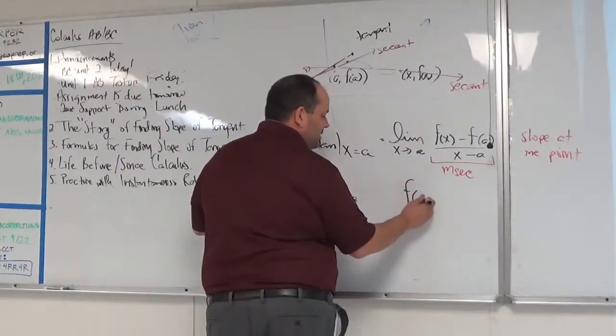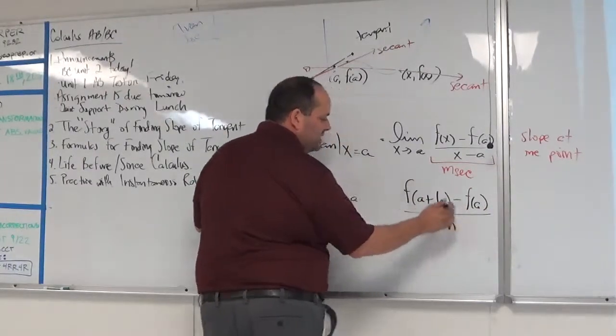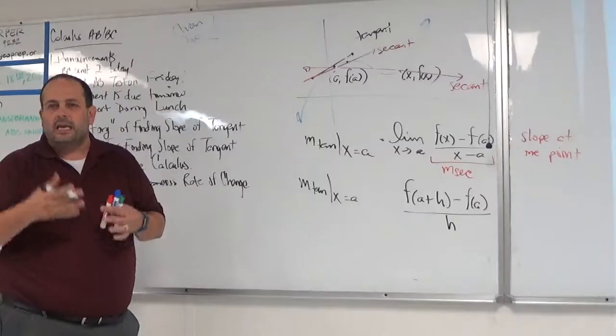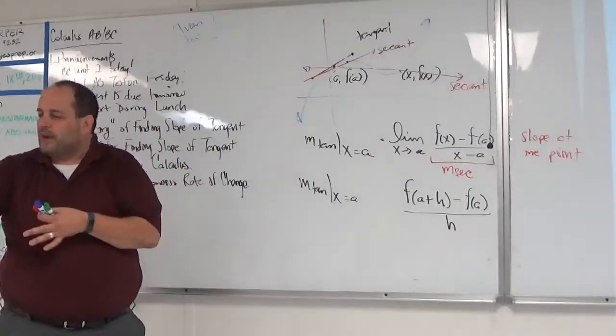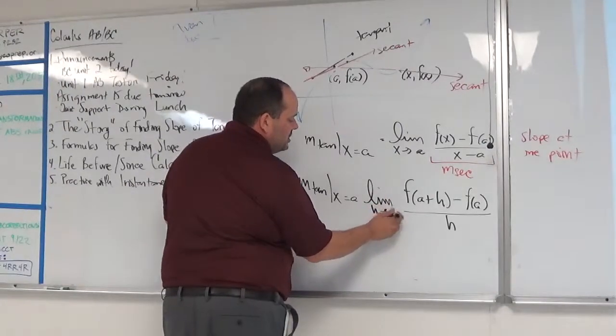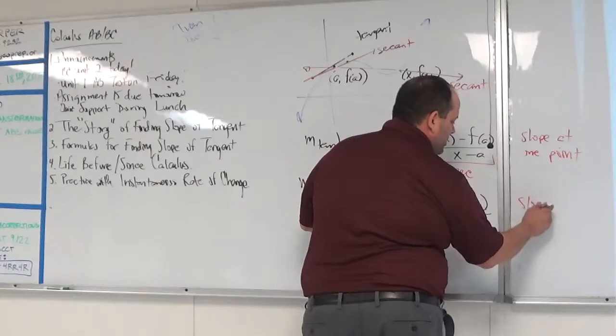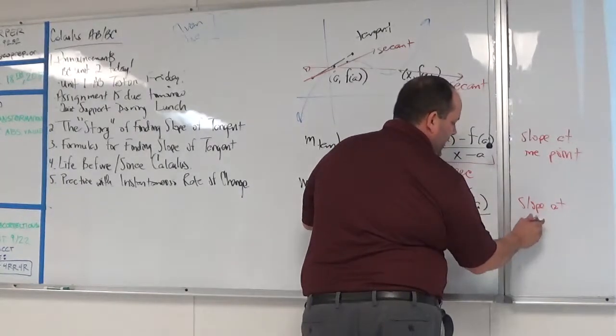It looks a little bit different. It's f of a plus h minus f of a all over h. We take the limit as h goes to 0. But ultimately, it's still the slope at 1 point.